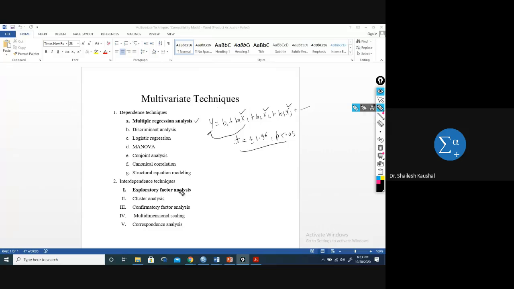But in the interdependence technique, our purpose is different. Our purpose is not to identify the relationship between two or more variables. In case of exploratory factor analysis, our purpose is data reduction and summarization.